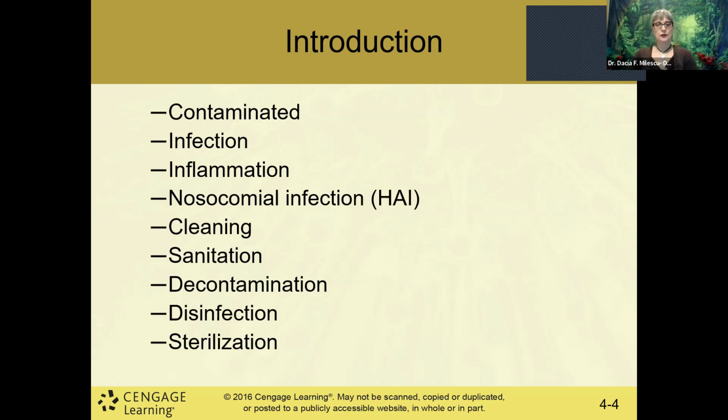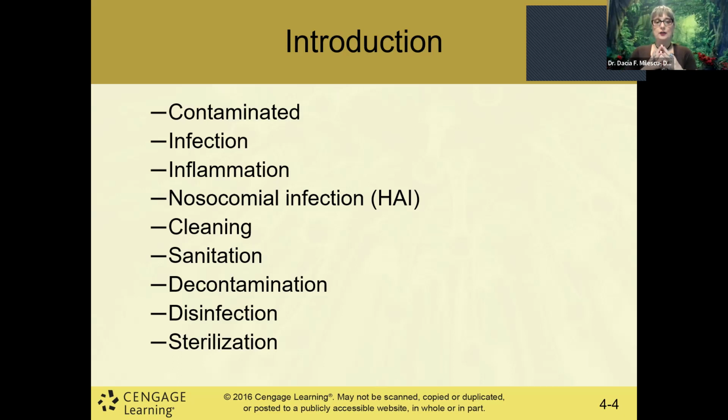So in this introduction to chapter 4, we will be reviewing how something becomes contaminated with potential pathogens, how one gets an infection, what is a nosocomial infection, that is a hospital-acquired infection, and how do we prevent that, since you will all be medical professionals and you will be working in a hospital setting.